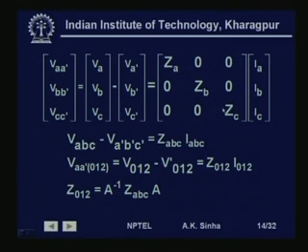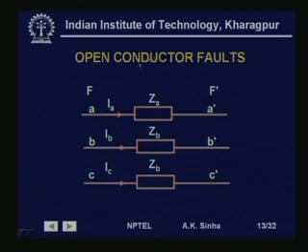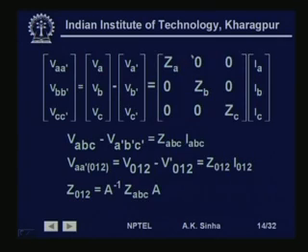That is, if we see here, VA minus VA' will be nothing but IA into ZA. Here we are assuming there are no mutual couplings between these phase impedances. So, in this way we can write this relationship in this simple form, that is, VABC minus VA'B'C' is equal to ZABC into IABC.